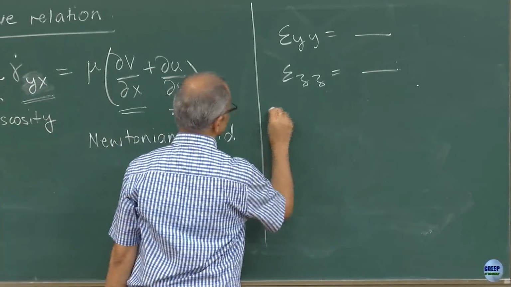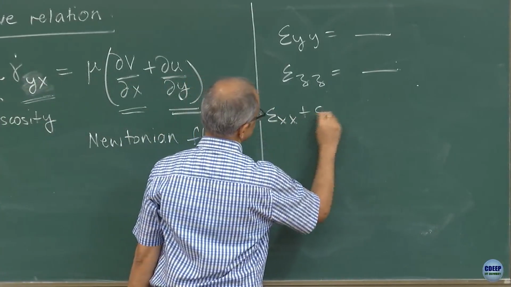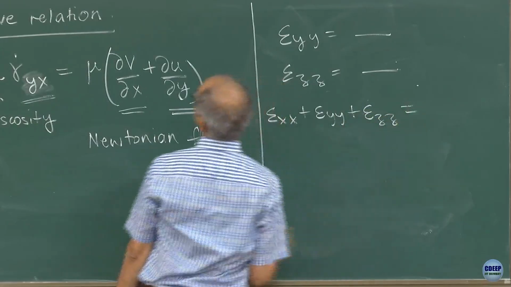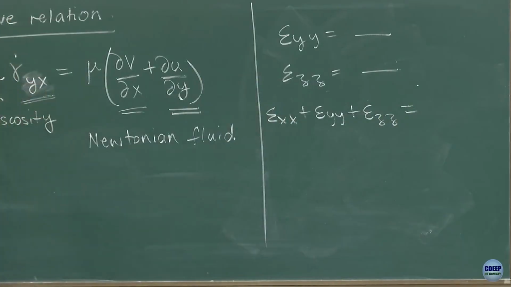And then I'm going to add up these 3 equations. So what am I expecting to get? Epsilon xx plus epsilon yy plus epsilon zz. What do I expect on the other side?